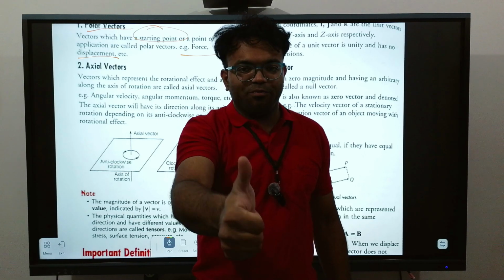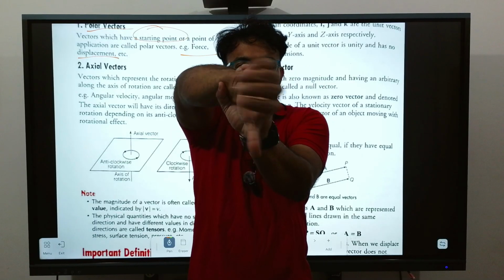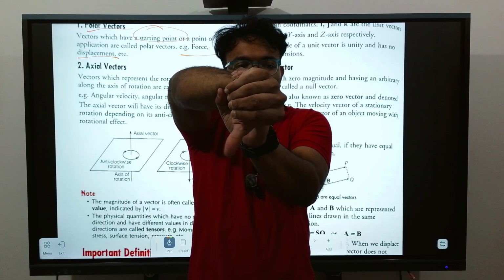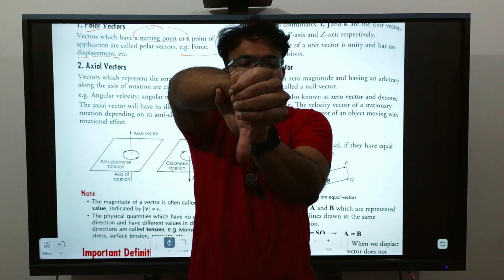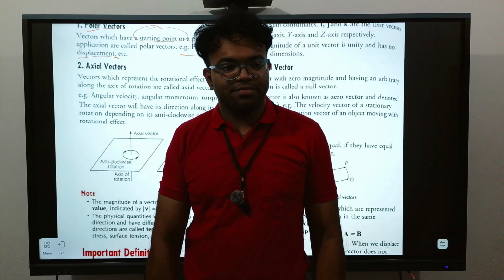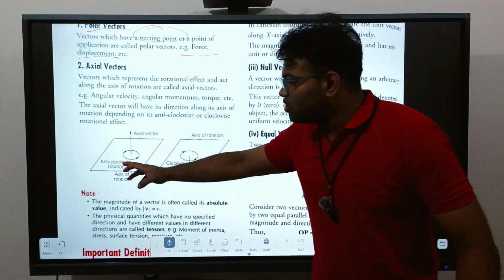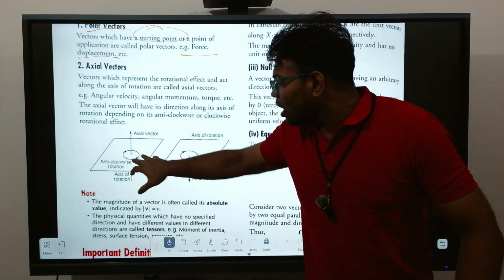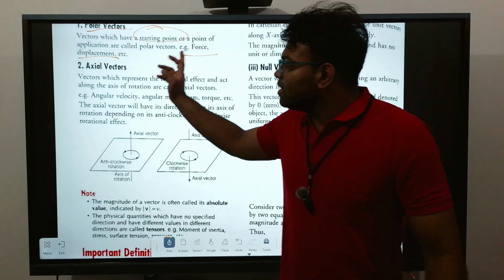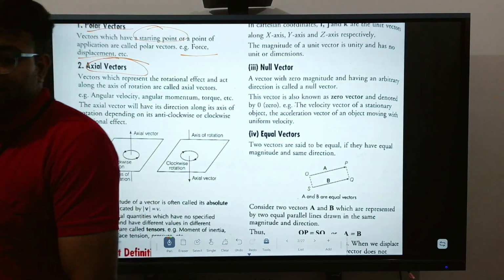But if the vector is rotating in a clockwise direction, the thumb actually points where the vector is lying and it is downwards. Understood? Okay, so this is what an axial vector looks like. Now, look at this. There is no starting point to either of these two vectors, right? No starting point at all. So that is a major difference between a polar vector and an axial vector.